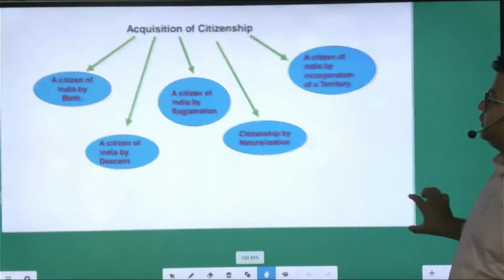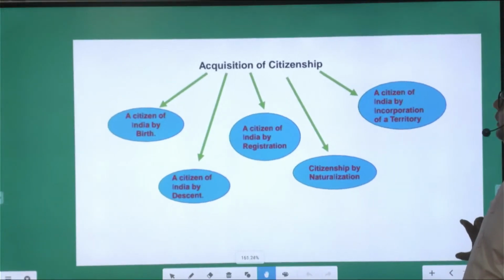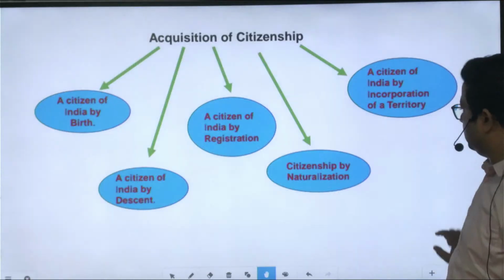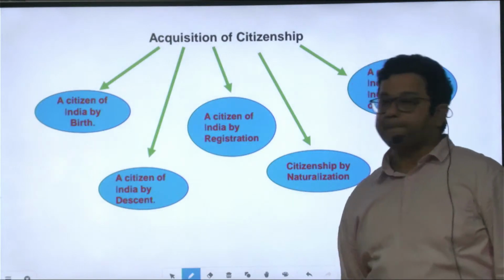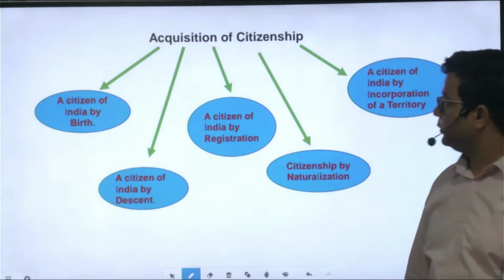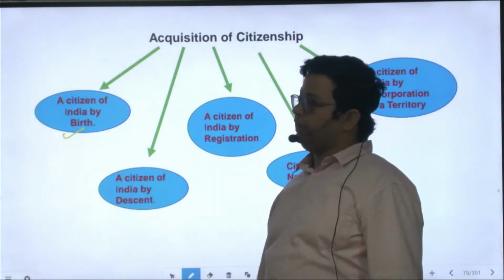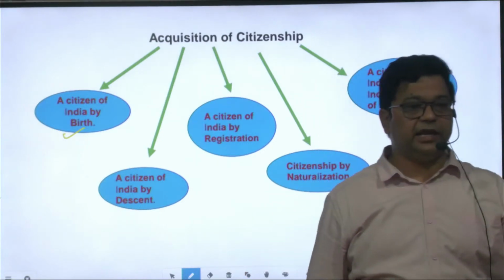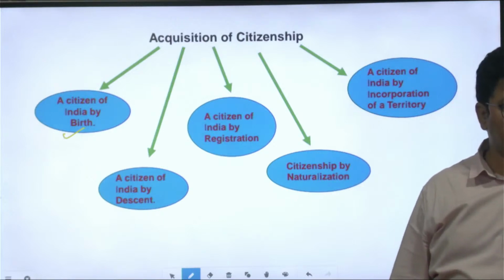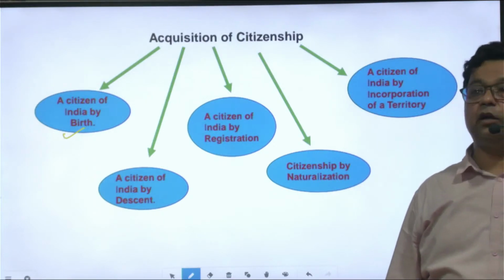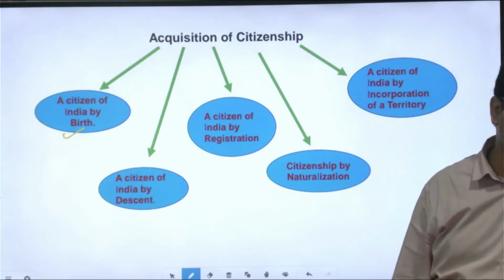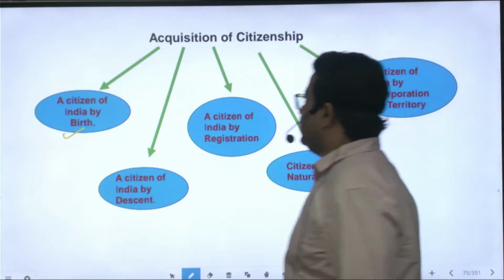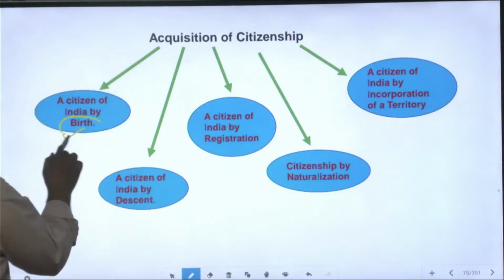There are 5 ways through which citizenship can be acquired. First, citizenship by birth. Any person who is born in India, with either of his parents born in India or grandparents born in India, is a citizen at the time of his birth.